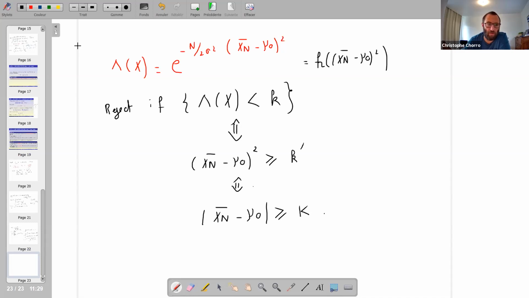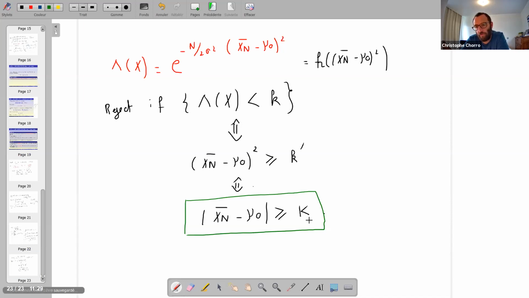So you have here the way to reject in this example for the likelihood ratio test, testing mu equal to mu 0 versus mu different from mu 0, okay?